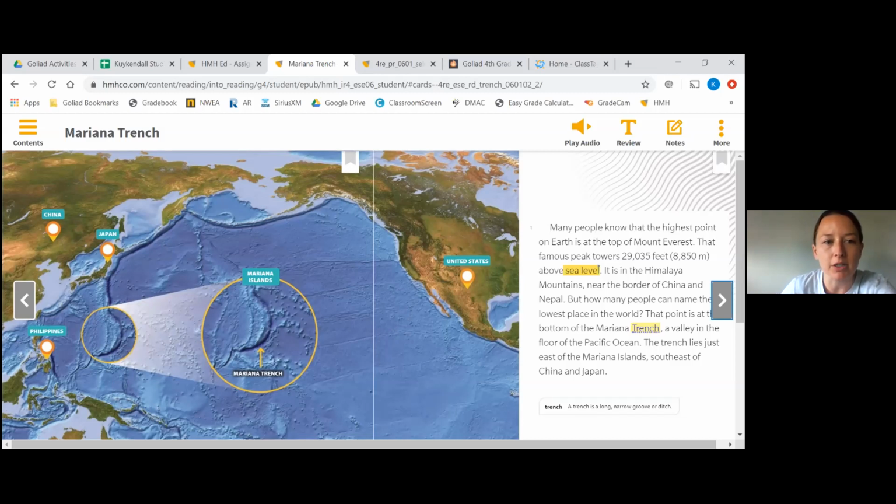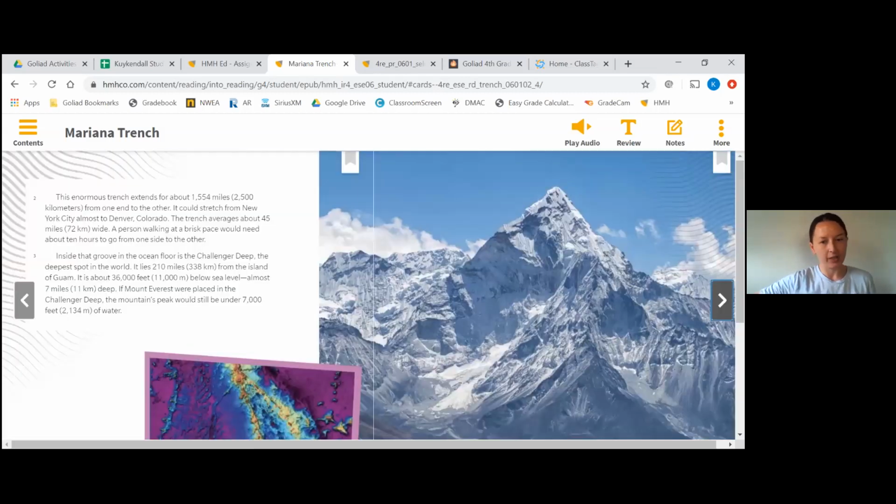Good job. So why would this map be important? To show you where the Mariana Trench is in the ocean. Good, because that's what the story's talking about, right? So it's going to show us where that location is. Good job, guys. Okay.